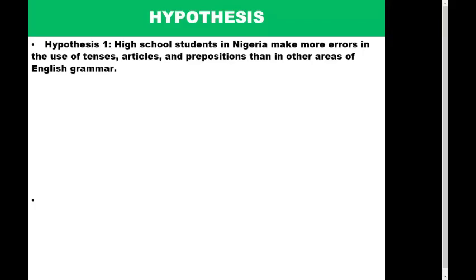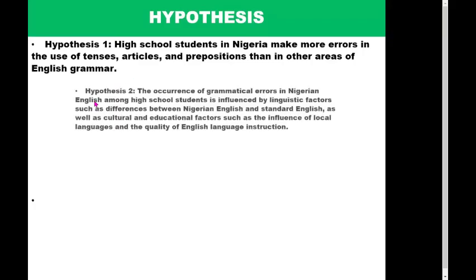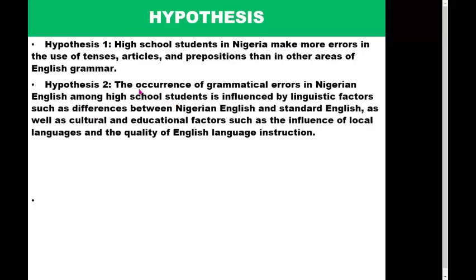When you use research questions, they are specific questions, and then you begin to look for answers, and your research should provide clear answers to those questions. Now let's look at hypothesis 2.